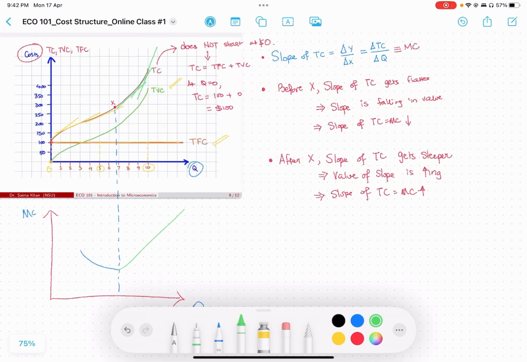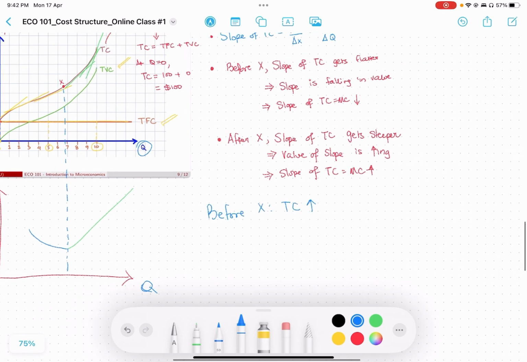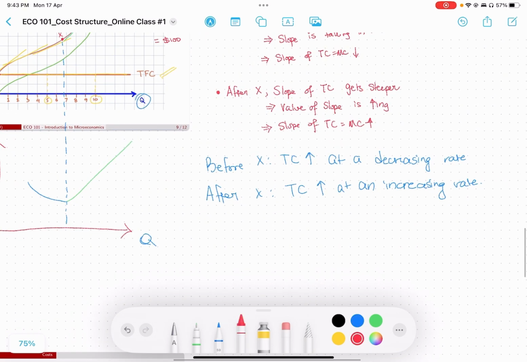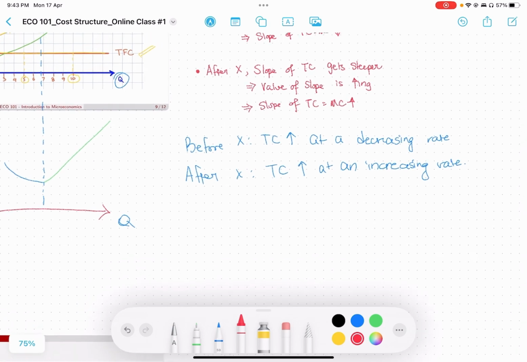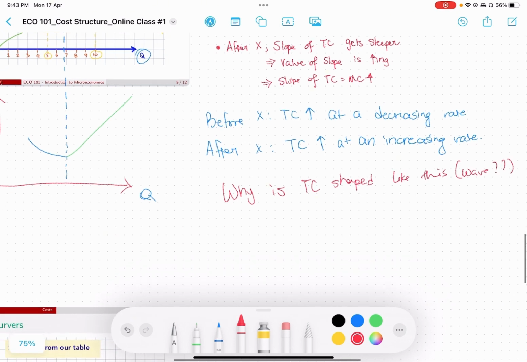So again, if I were to ask you, why is the total cost curve shaped like a wave? What we're seeing is that before X, total cost is increasing at a decreasing rate. And after X, total cost is still increasing, but at an increasing rate. If we ask why, what is going to be the answer?